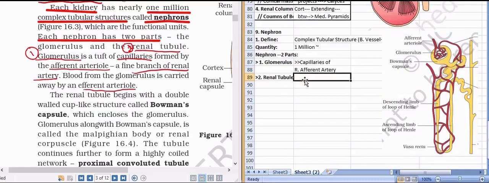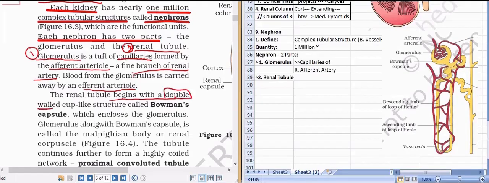Next, the renal tubule. What is being said about the renal tubule? The renal tubule begins with a double-walled cup. So remember, it's a specification. Double-walled, two walls will be there on this cup-like structure called Bowman's capsule.